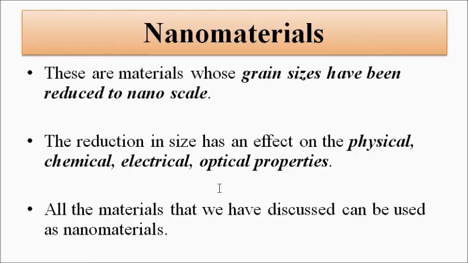Depending on the properties and characteristics, they are put into use for various applications. Nanomaterials are used in various fields, for example sensing, transduction, and biomedicine. Also they are used in aviation and defense research. So there are various ways in which nanomaterials can be used.